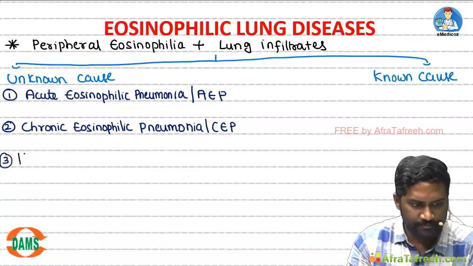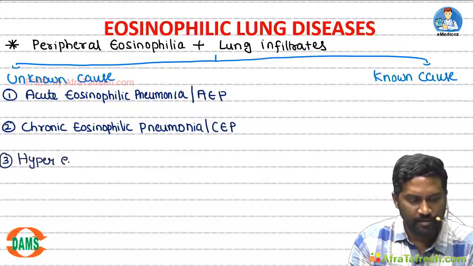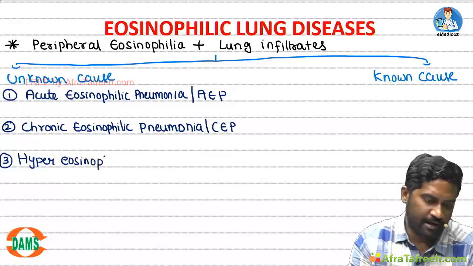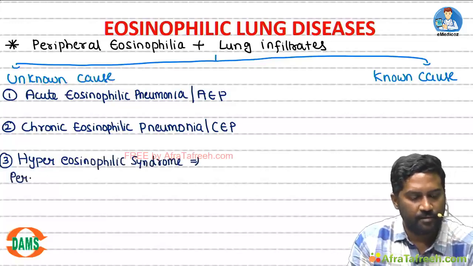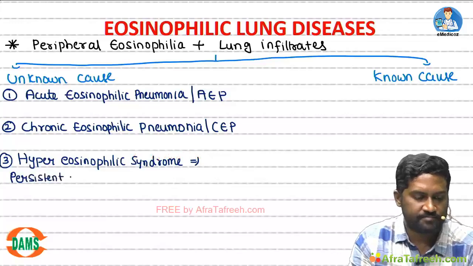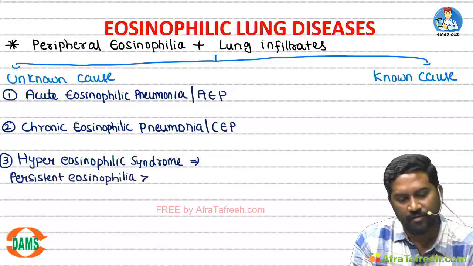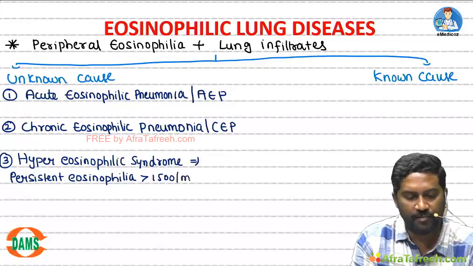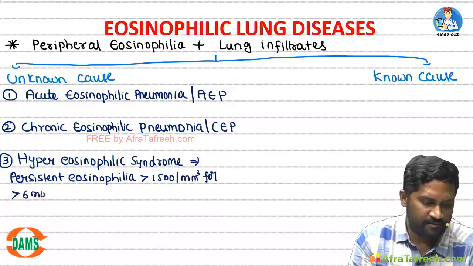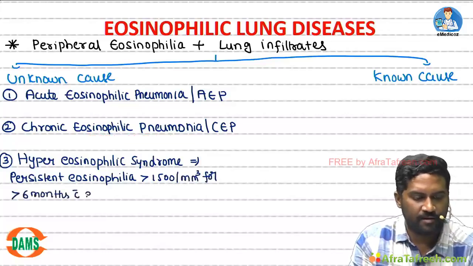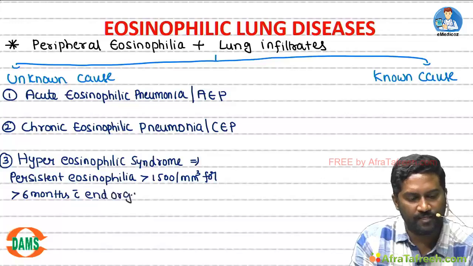Less important, we have hypereosinophilic syndrome. These patients will have persistent eosinophilia, excess eosinophils in the blood, more than 1500 per mm cube for more than 6 months with end organ infiltration.